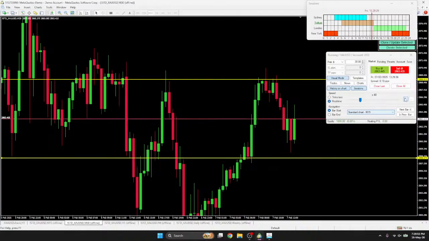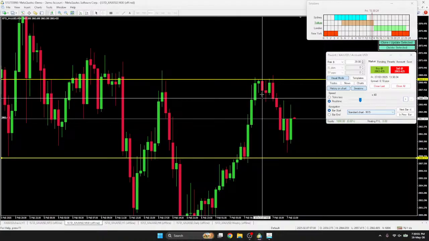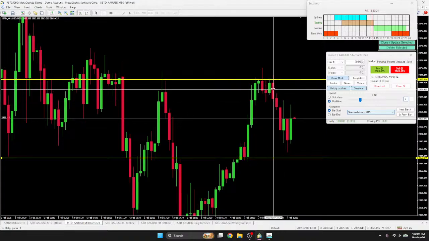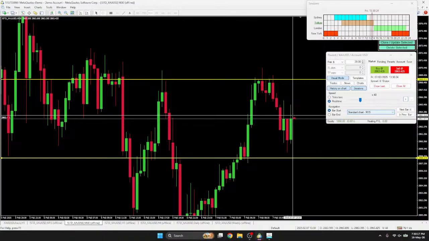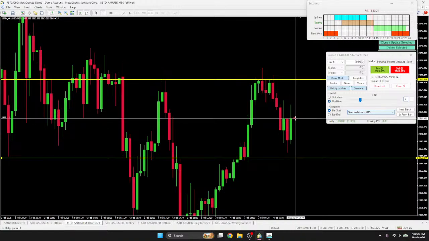So this is the pre-London session, and this was our consolidation area. The area was 110 pips. In this consolidation area, the market also created a consolidation zone at this area. So there was a high chance that if this candle closes above the resistance area, the current candle can create a lower wick then push up.